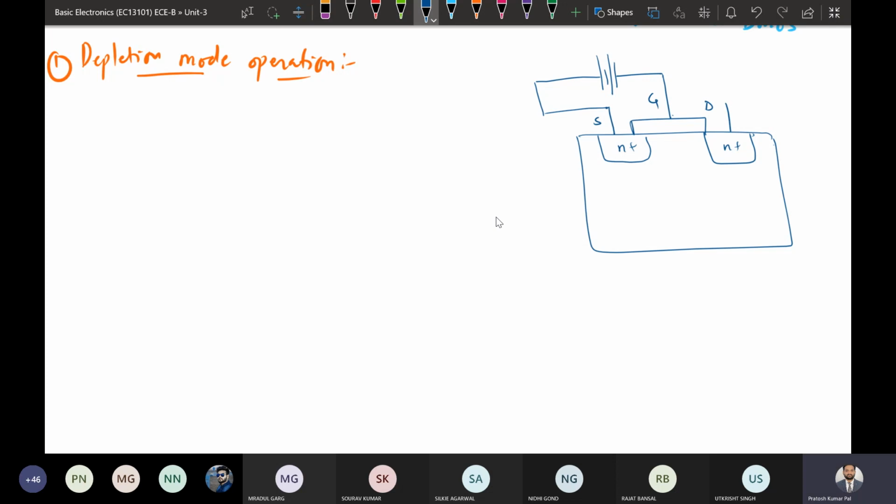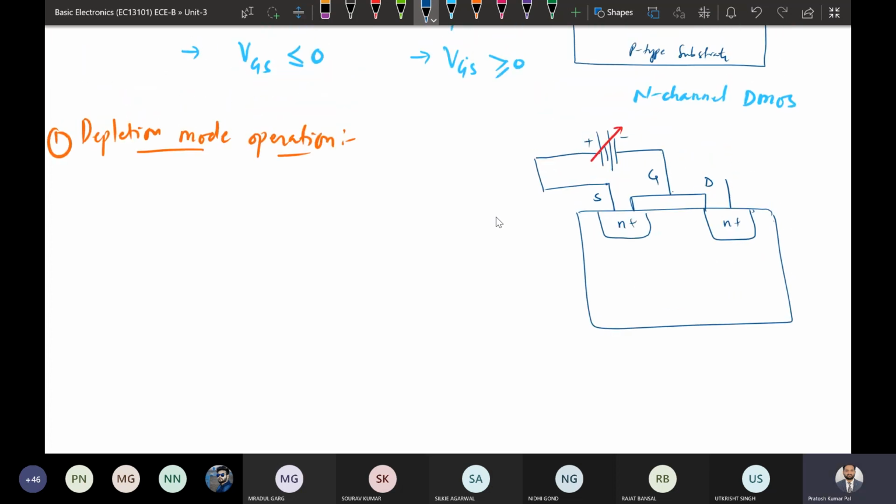The gate to source voltage should be negative, and it will be variable, as we will be varying the gate to source voltage. The drain to source voltage will be biased such that it is a positive value.